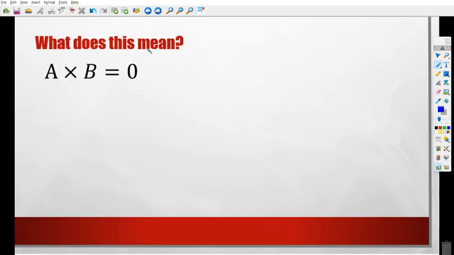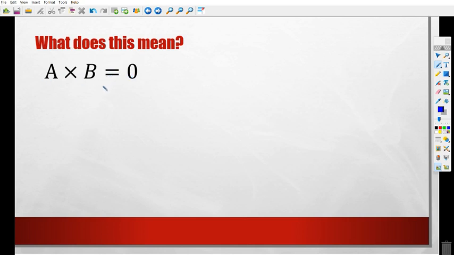What does this mean? We've got a times b equals 0. For this statement on my left hand side to be true, and it has to equal 0, what does a or b have to be?